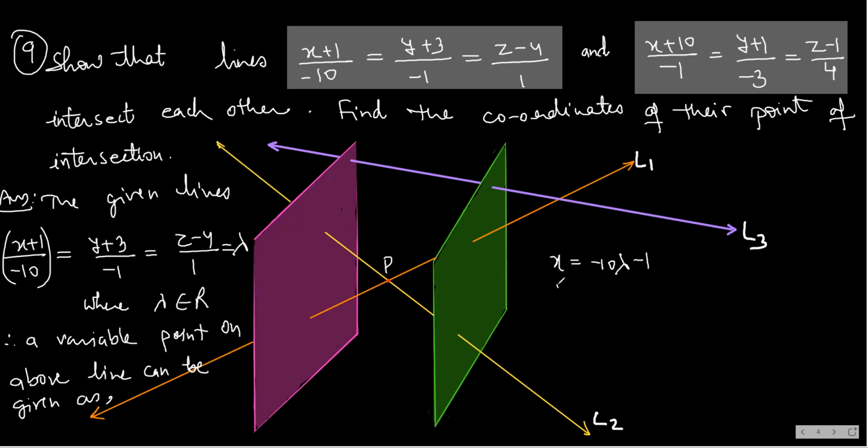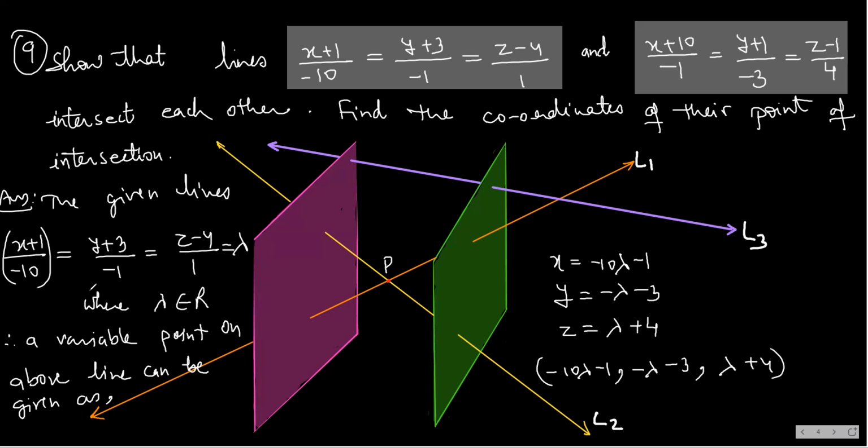And y equals minus lambda minus 3, and z equals lambda plus 4. So a variable point can be given as (minus 10 lambda minus 1, minus lambda minus 3, lambda plus 4).